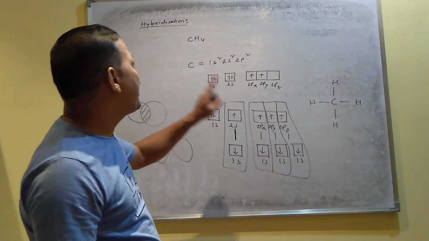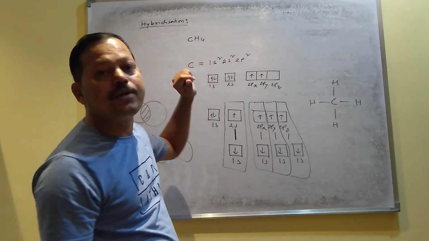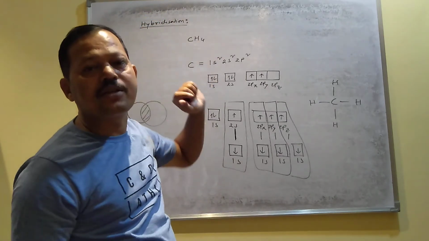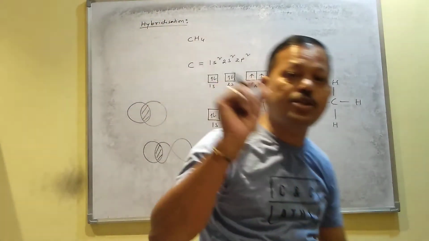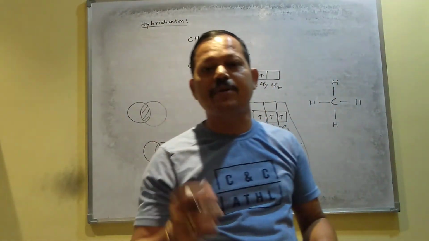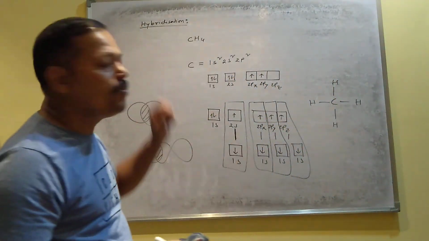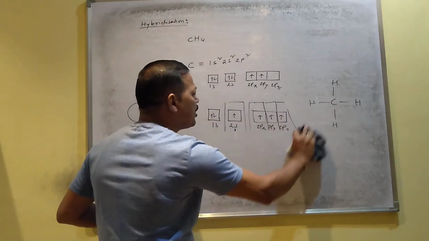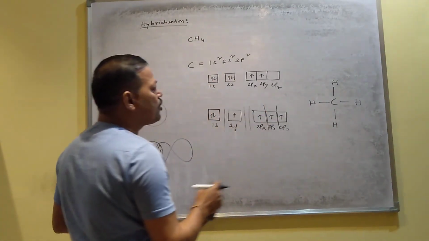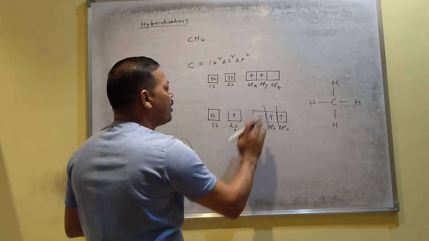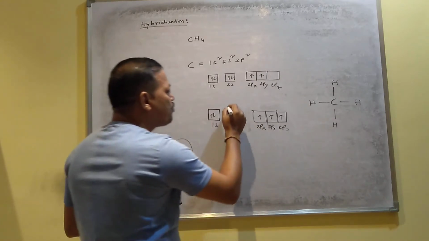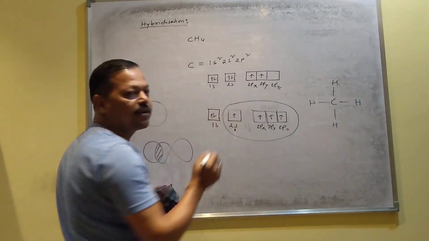That is why valence bond theory cannot explain the formation of the methane molecule, and that is why the concept of hybridization came. And if someone asks you from which molecule the concept of hybridization comes, then your answer should be the methane molecule. Actually what happened? What is hybridization? Before overlapping with hydrogen 1s, these 4 half-filled orbitals, I mean 2s and the 2p orbitals, undergo mixing.